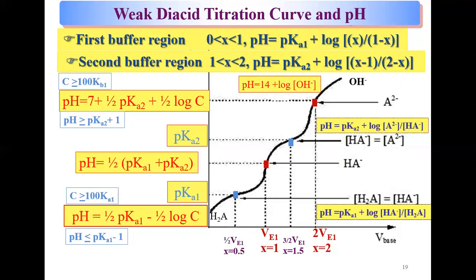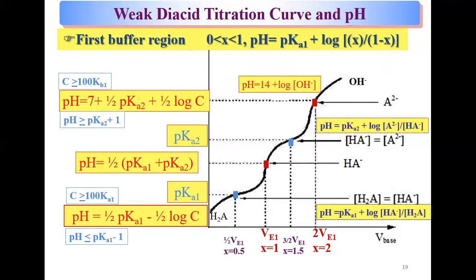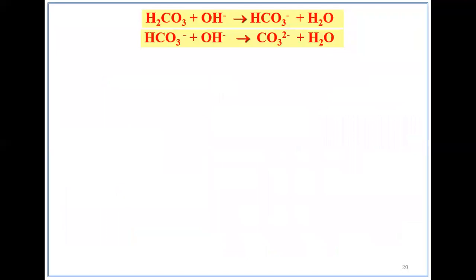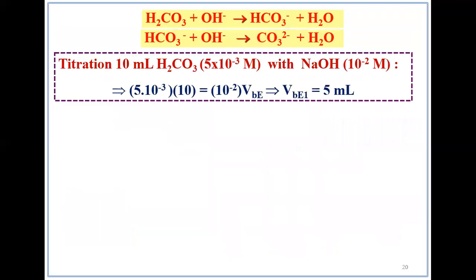Now I will continue with the question I just posed. This was carbonic acid reacting with OH minus at different points. Again, we already knew that V at equivalence is 5 milliliters because it occurred when x is equal to 1.